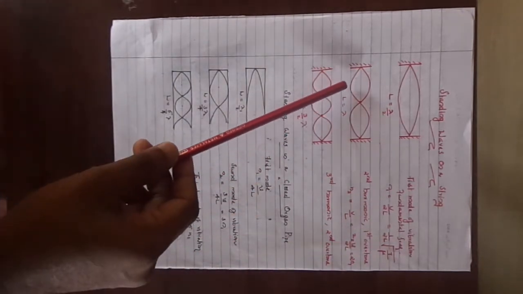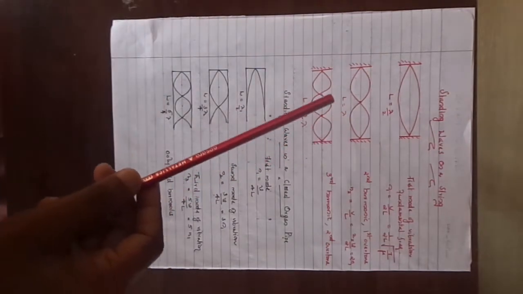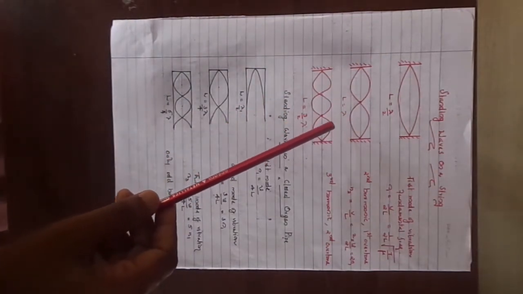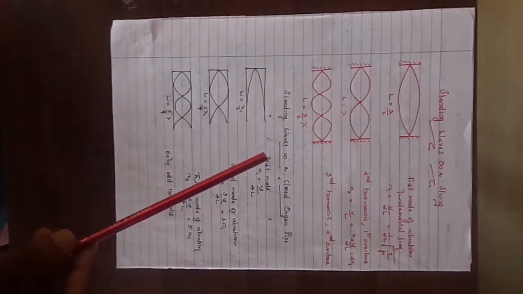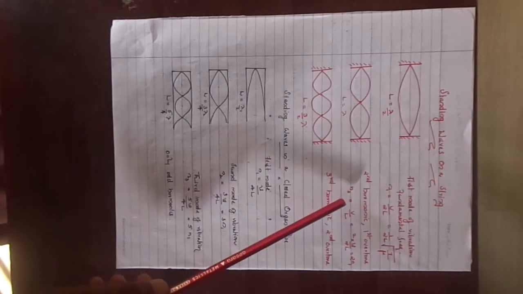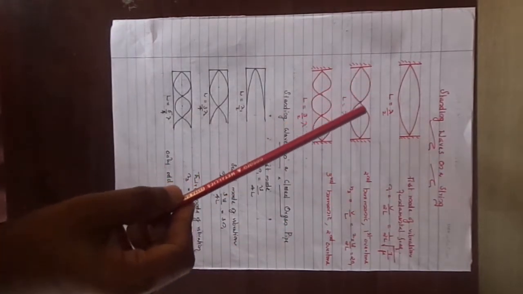And here it is the second mode of vibration, the second harmonic, but it is said to be the first overtone. So we can write N2, the second frequency, equal to the velocity by this wavelength. That wavelength is nothing but L here. So it is double the first harmonic, double the fundamental frequency.